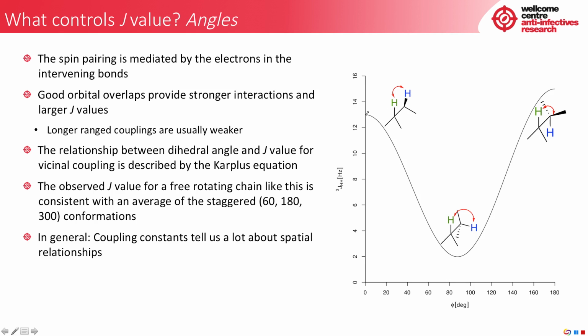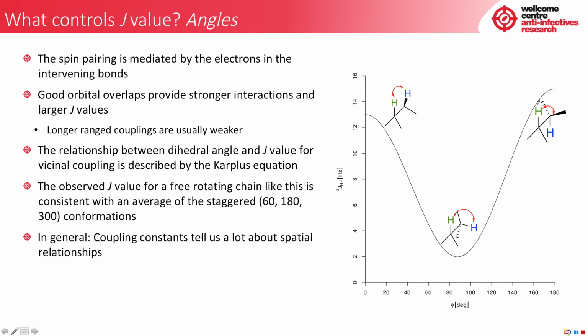If, however, you flip this proton here 90 degrees, the orbital overlap here is really quite poor, and you end up with a much lower J value, something around 2.5 perhaps. However, as we push on back up to 180, again, this is an anti-periplanar arrangement. This is favourable for overlap, and we again get nice big J values.